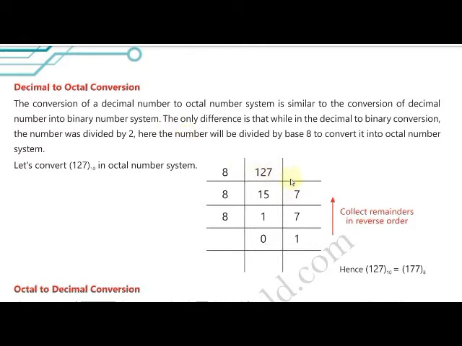After converting the given decimal number, you will get numbers between 0 to 7. You will not get any number other than 0 to 7. You will not get 8 or 9 here. So let's see the process to convert decimal to octal.